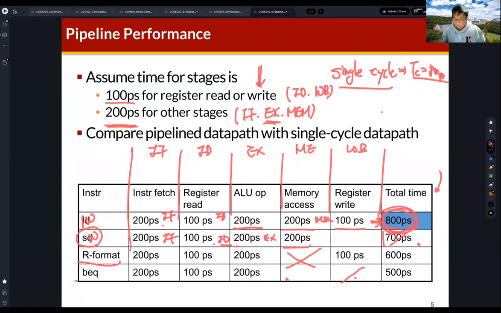Then how about the pipeline architecture? What is the maximum delay of this pipeline architecture?